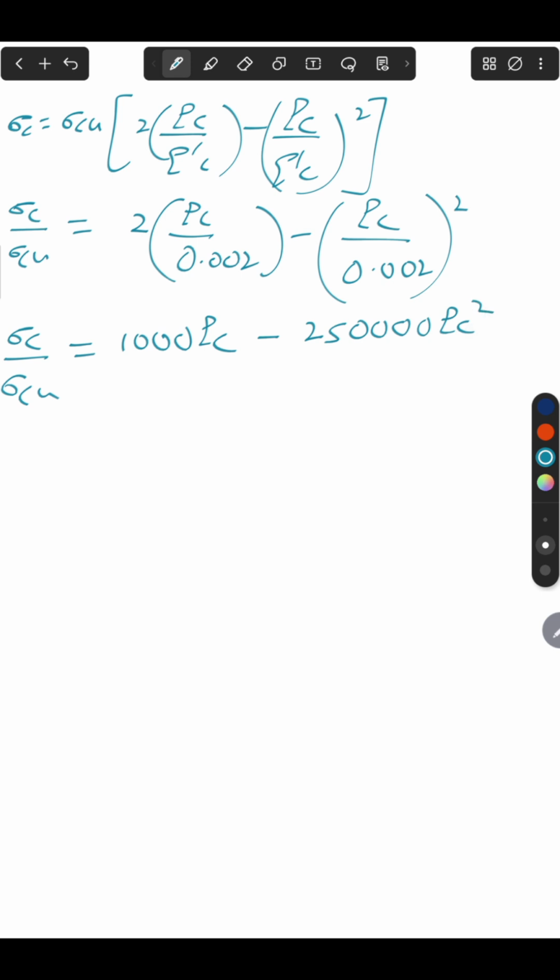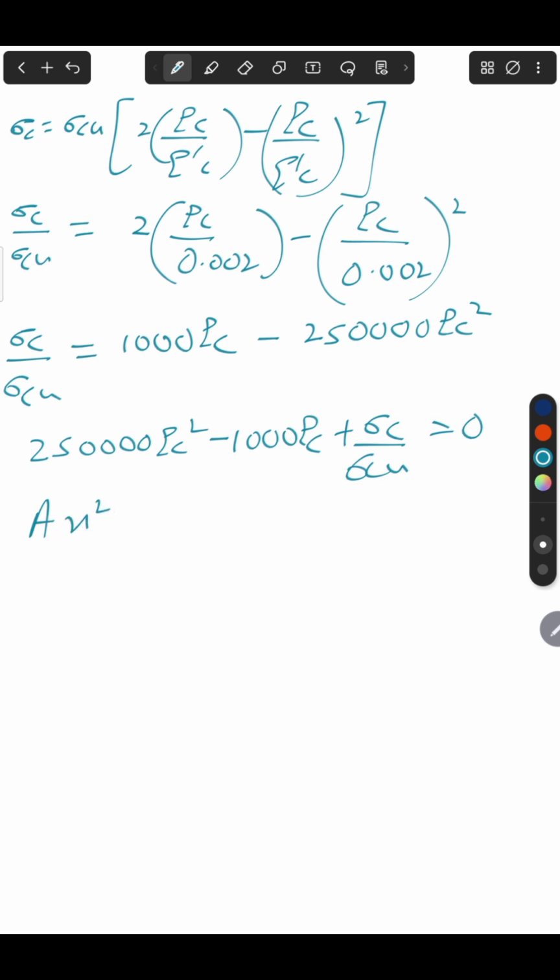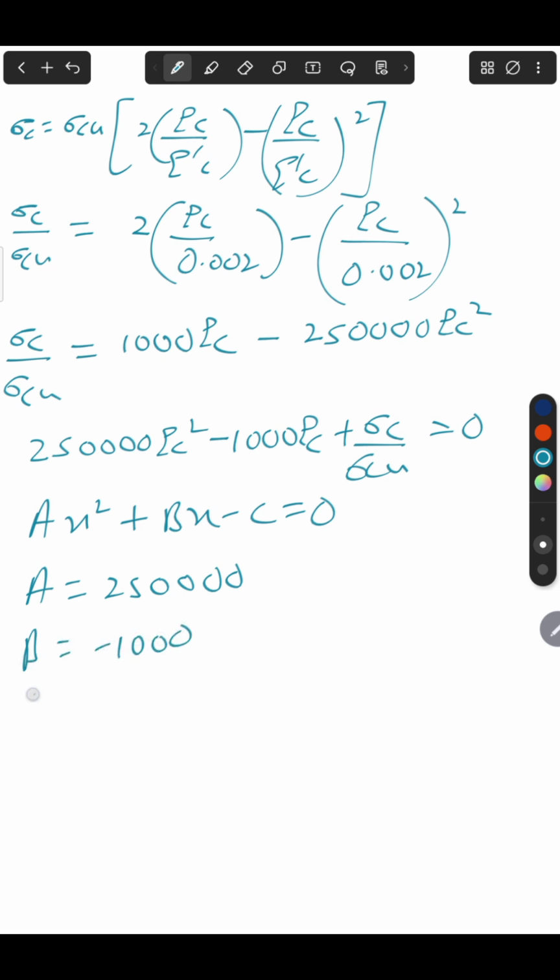So it becomes a quadratic equation: 250,000 epsilon c square minus 1000 epsilon c plus sigma c by sigma cu equals 0. It is in the form ax square plus bx plus c equals 0. Our value of a will be 250,000, b will be minus 1000, and c will be sigma c by sigma cu.